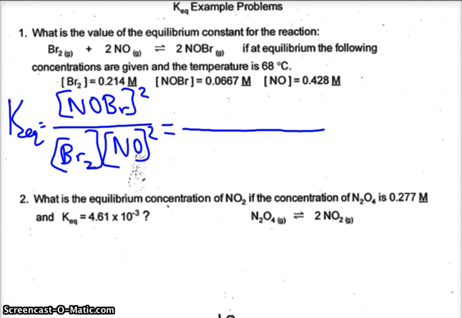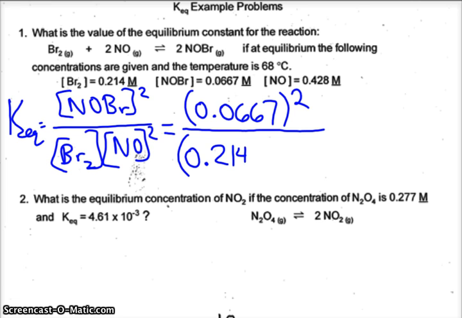Concentration of NOBr is 0.0667 squared, divided by 0.214 for the concentration of Br2, and the concentration of NO, 0.428 squared.